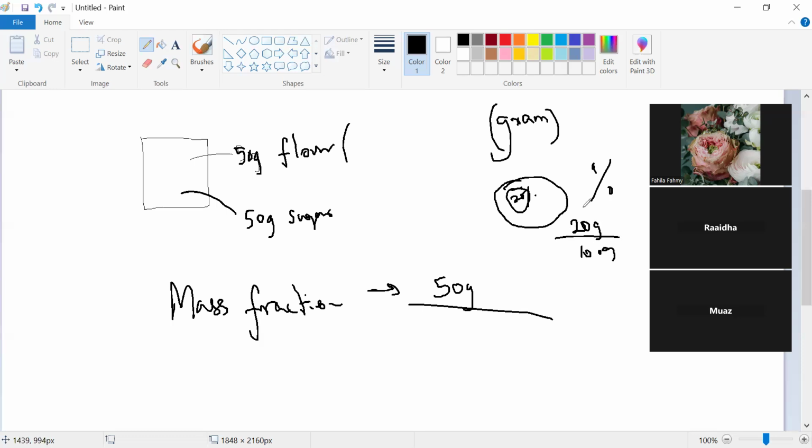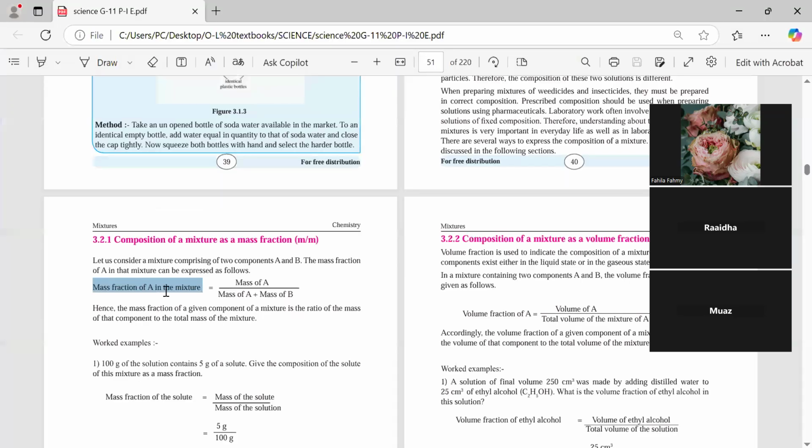That is what the mass fraction means. Similarly, 50 grams of flour over 100 grams. Where did the 100 grams come from? The total, of course. Did this make sense?